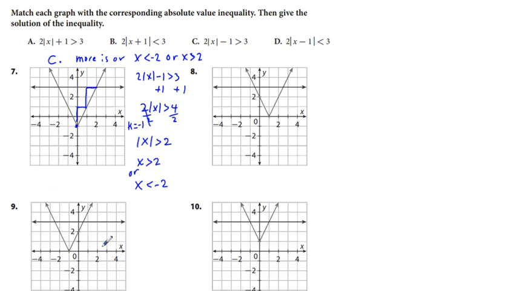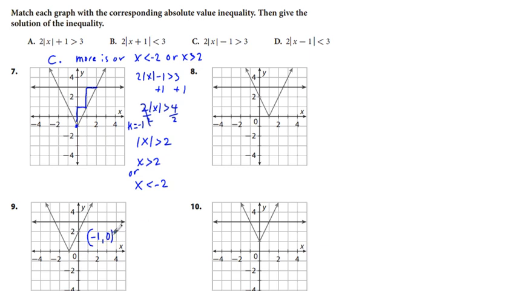Number 9, it looks like we have our vertex at the point -1, comma 0, because k is 0 but h is -1.